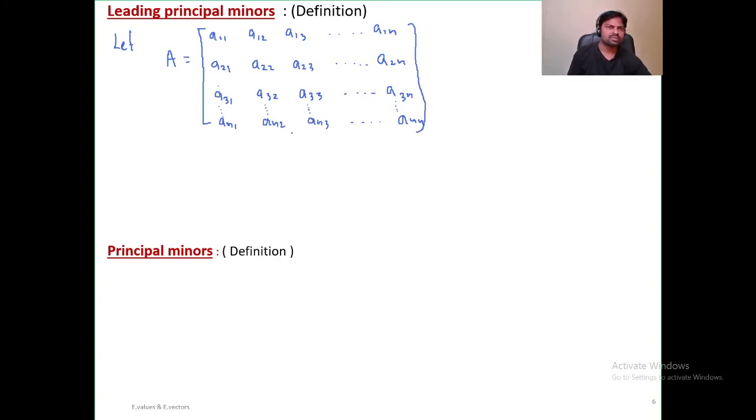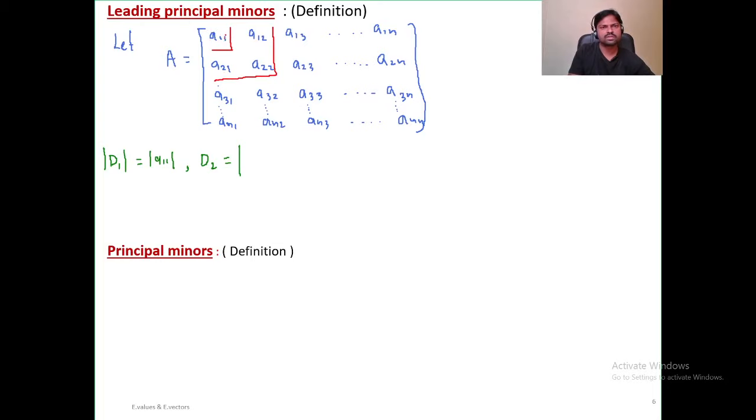Now leading principal minors: concentrate on only the first entry. Let us call this D1. The determinant of D1 is nothing but A11. Next, D2 means this 2 by 2 block, because here the leading element is A11.